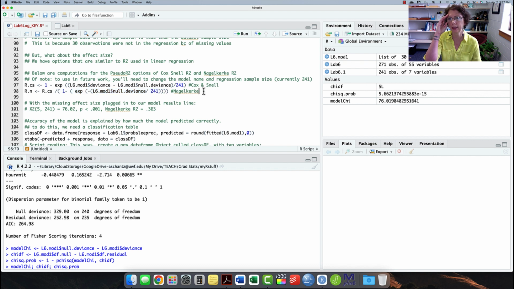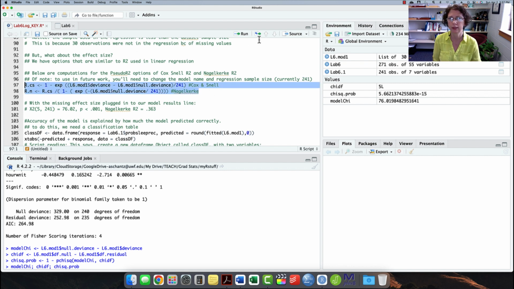So, two different ways of calculating pseudo R-squared, and we don't need to go through all the math theory on that, but that's why I leave you the information here so that you can use it. Now, if you do use these equations in future work, you're going to need to change the information to match your model, like the name of your model and the sample size in your regression. So watch out for those.